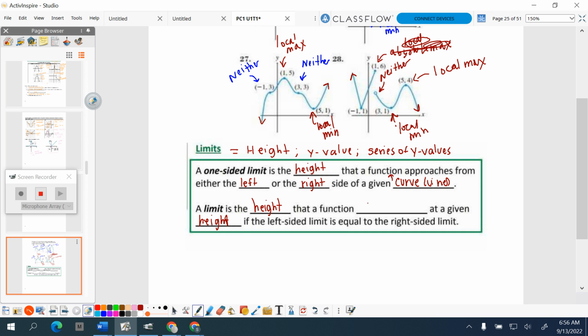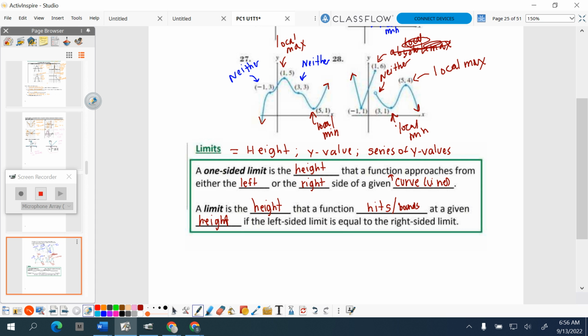We'll use the word that's easiest, hits. I like hits, or bounds in a way. It's probably not an appropriate word, but it works. At a given height, if the left side limit is equal to the right side limit.